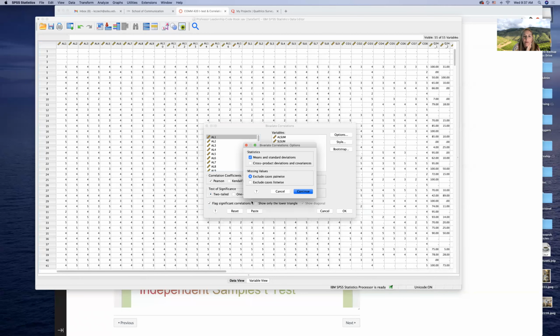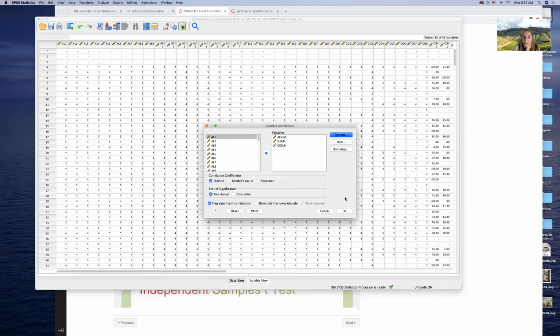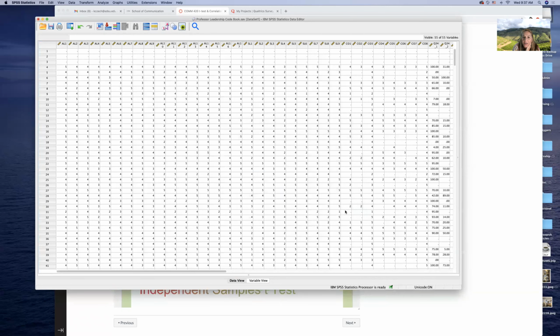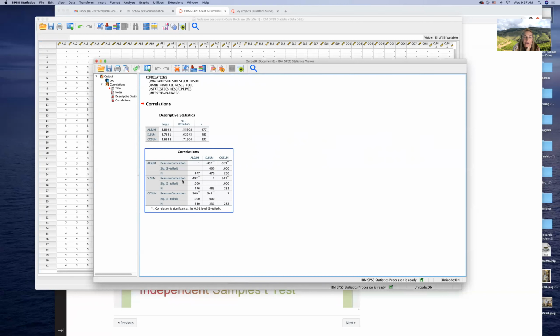I'm going to click on options. This is perfect. I want means and standard deviations. I want to exclude cases pairwise, and I'm going to hit continue. And then I'm going to hit OK. And here is my correlation matrix. And notice AL sum, SL sum, CO sum, and it's the same across the top.